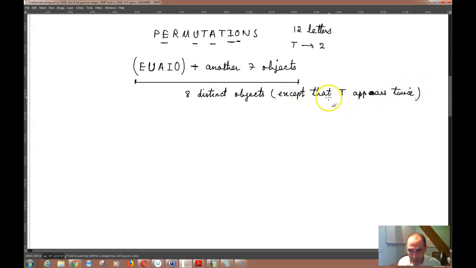We will take care of the T, but for now let's treat them as 8 distinct objects. So the permutations of 8 distinct objects is equal to 8 factorial.